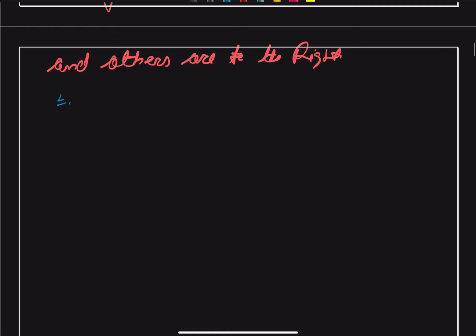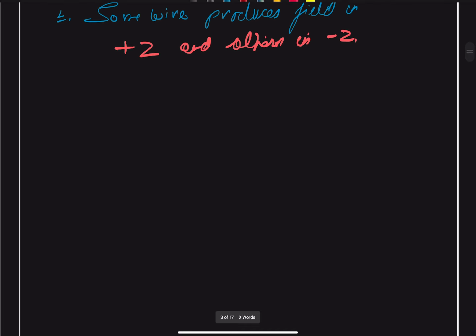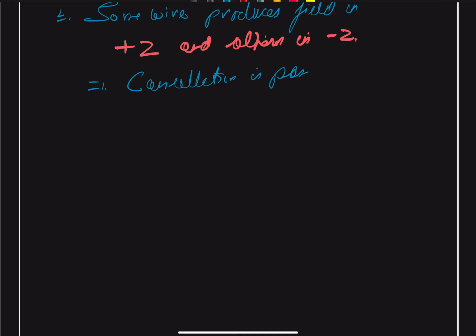So some wires produce field in plus z and others in minus z. Because of this we can draw a conclusion that cancellation is possible.